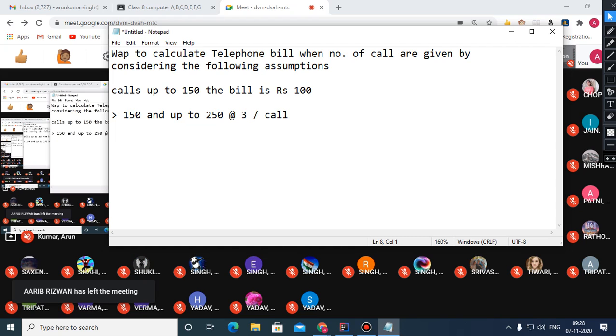So at the rate of rupees 3 per call will be charged. And more than 250, the rate charges rupees 4.5 per call. This is what the telephone bill rates. So now children, the same question you have to do.